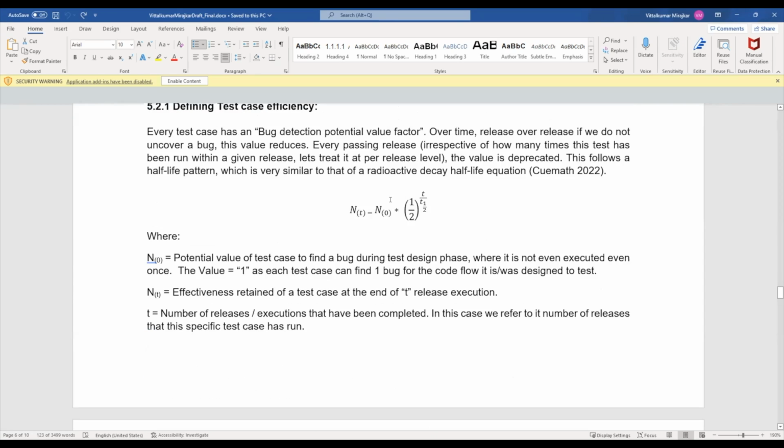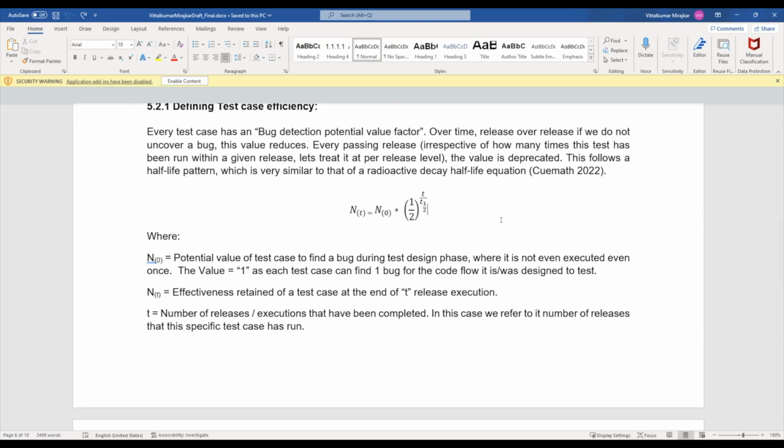So this is the standard half-life equation that you would see across calculations, a pretty well-established, conceptual formula, but using this for calculating our test case effectiveness is the interesting part.